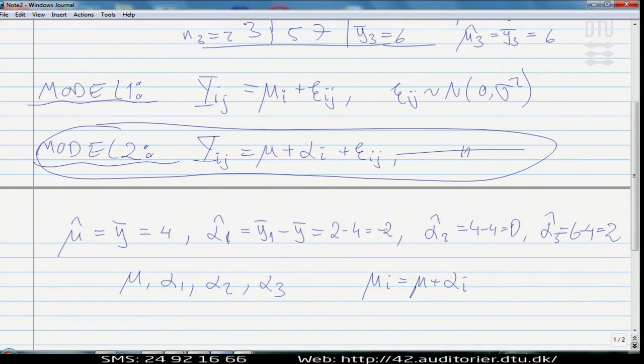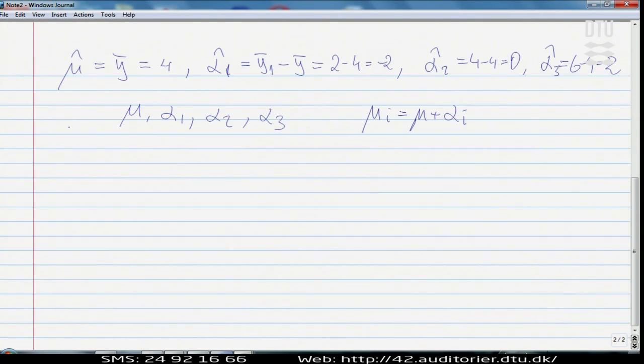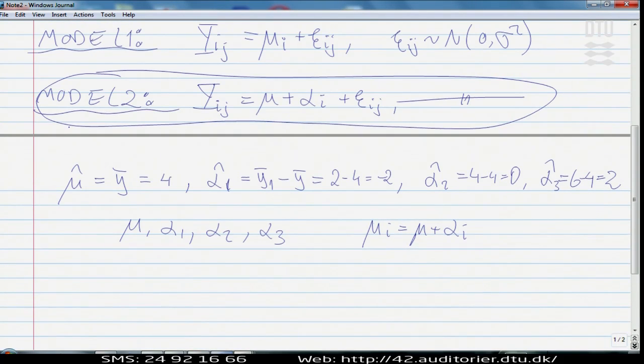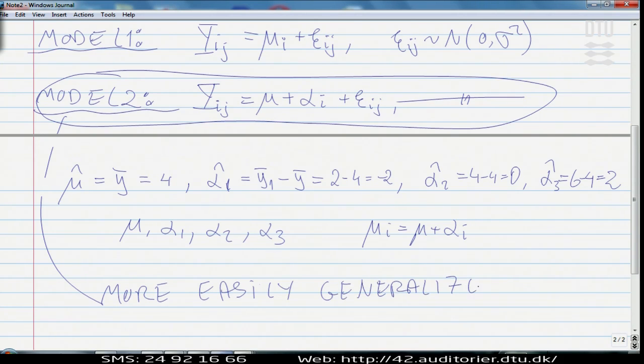Well, the point is that model 2, which we use and which is used by most software, more easily generalizes to 2-way or even higher-way ANOVAs. That is the reason why we usually use this slightly more challenging way of expressing it.